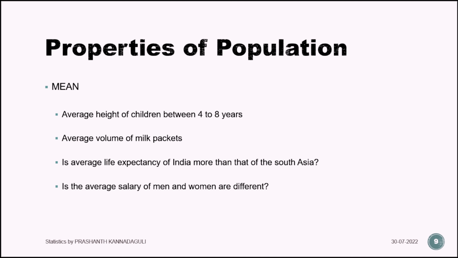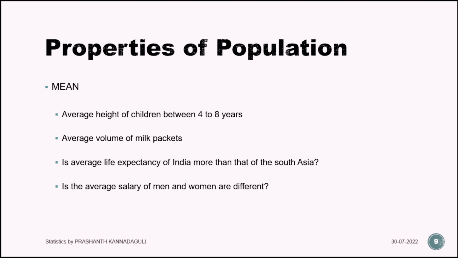The second major property is called the mean. In general, we have the big picture of what the mean represents. Now our idea is that I need to get to the mean of the whole population by looking at the mean of the sample. Examples: the average height of children between 4 and 8.